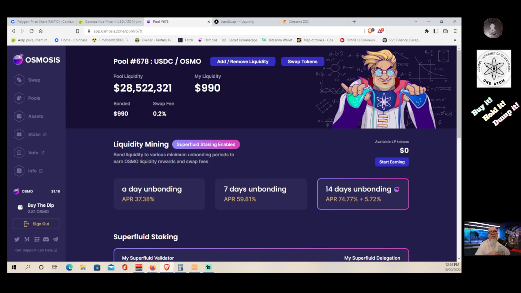And swap fees, I'm a big fan of swap fees because swap fees go to the poolers, and I'm one of the poolers. So it's not only that, but I'm also getting paid out in Osmosis, which will show up over here once a day. So I'm going to turn that APR into an APY. So that 83, 84% that I'm getting, or 81% that I'm getting, is actually going to be about 115, 116% APY. So this is my second pool now, or my second investment.